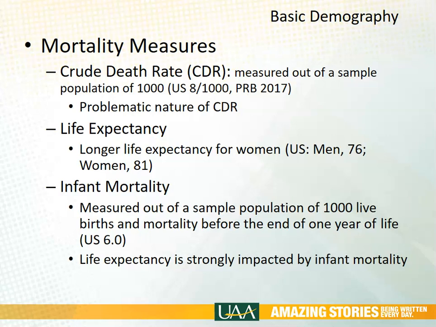That's less than 1 per 100, which is a good number, but actually isn't great compared to many other developed countries around the world. It's worth noting that life expectancy is strongly impacted by infant mortality. You'll see that in some countries around the world, life expectancies are quite low. That's often not because people don't live very long, but because so many children die before the age of 1, and that reduces life expectancy considerably.